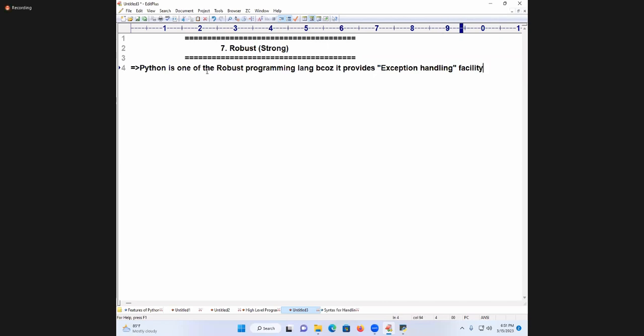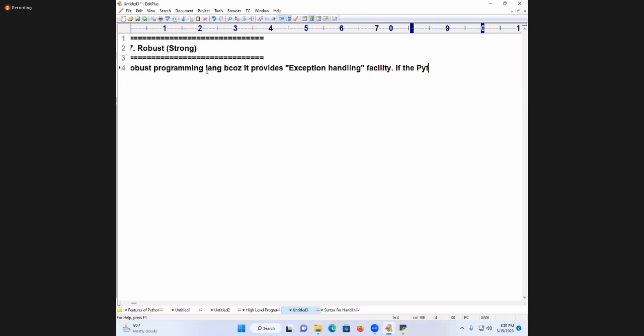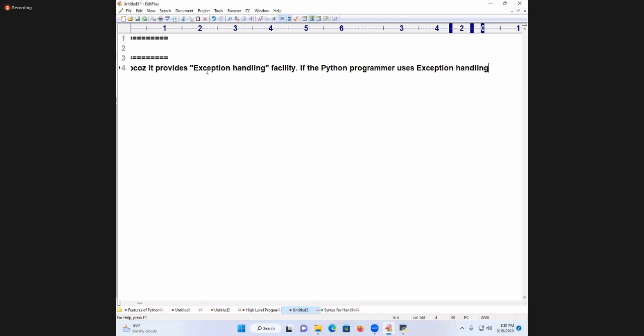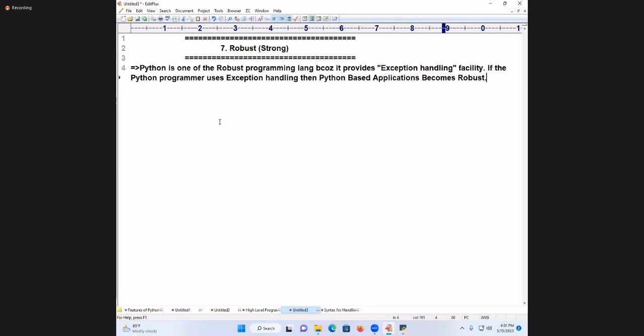If the Python programmer uses exception handling, then Python-based applications become robust. Did you understand the meaning of robust, students? Python applications become robust. Did you understand my point here? Yes. So I hope it is clear for you.